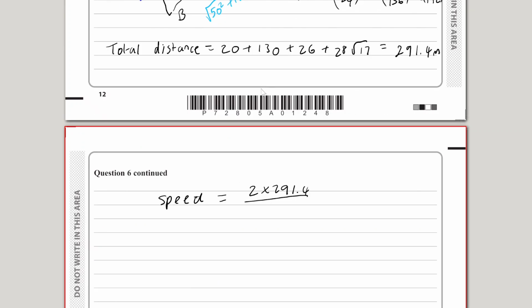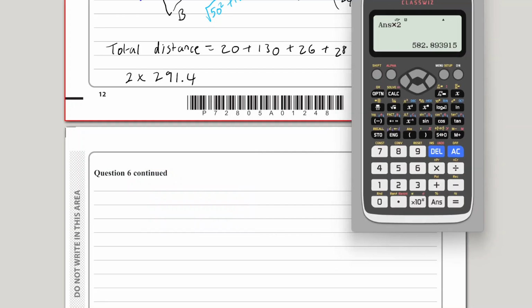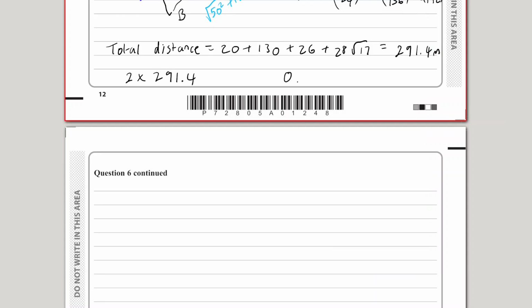The time was 5 minutes. But we want kilometers per hour, so let's back out of this. Our total distance, 2 times 291.4 is 582.9. Let's divide it by 1,000, to change it to kilometers. So 0.5829 kilometers.